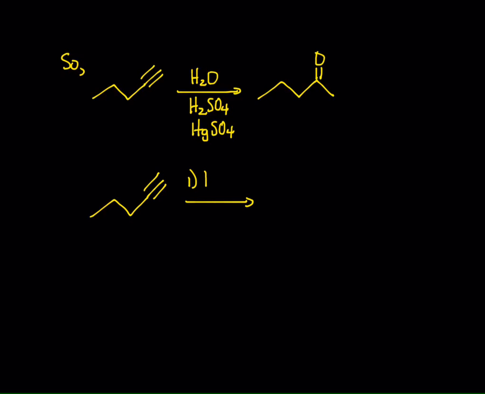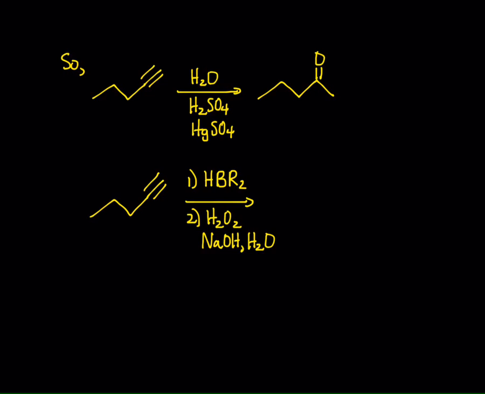Now, notice what I can do here. If I take that same alkyne, 1-pentyne, treat it with HBR2, where the R's are sterically bulky alkyl groups, followed by hydrogen peroxide, sodium hydroxide, and water, right?